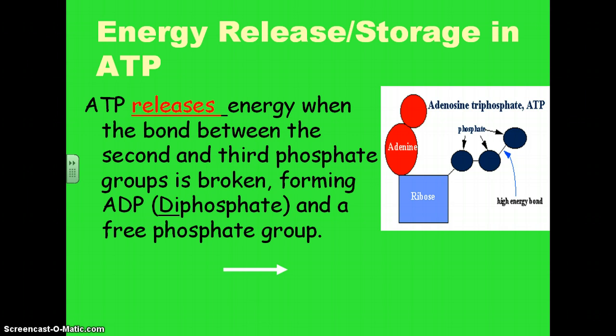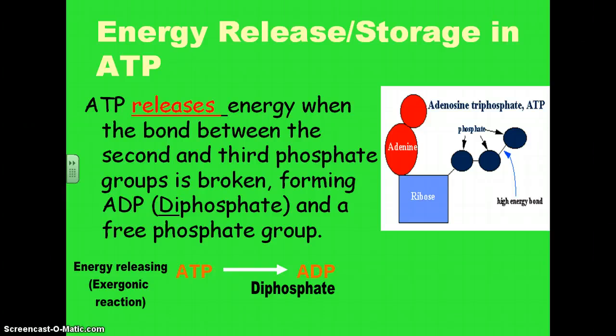So ATP releases energy when the bond between the second and third phosphate group is broken. When that bond is broken, ADP and a free phosphate group are formed. So we have the ADP, which would look like this, without this last phosphate, and this last phosphate would represent the free phosphate group. So again, we see ATP being broken down into ADP, and that's an example of an exergonic reaction.